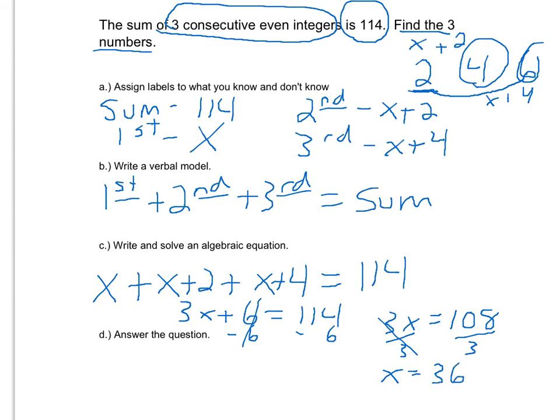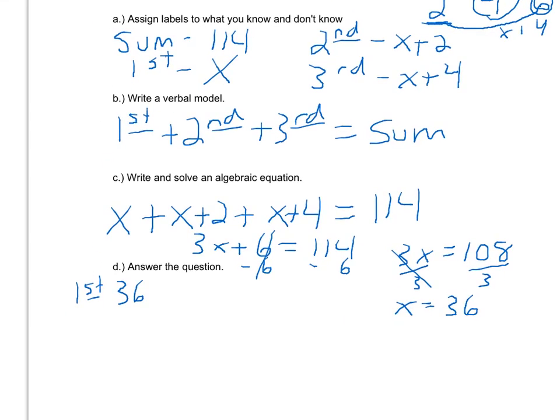Okay? Well, let's think about that. X stood for the first number. Okay? So my first number was 36. I know that. Okay? So the first number is 36. The second number has to be that plus 2, which is 38. And the third number has to be x plus 4, which is 40.